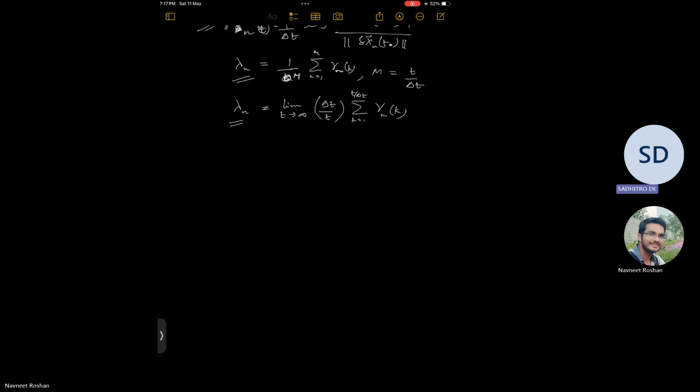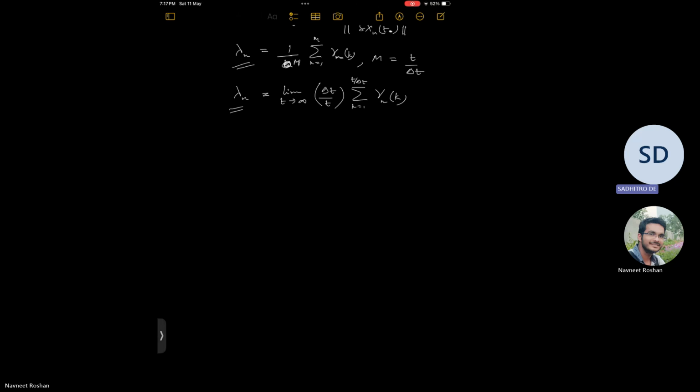So the system for which I will show the calculation of the Lyapunov exponents is the Lorentz system. So let us recall what the Lorentz equations had looked like.